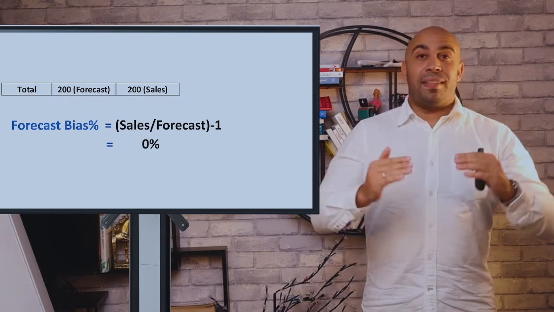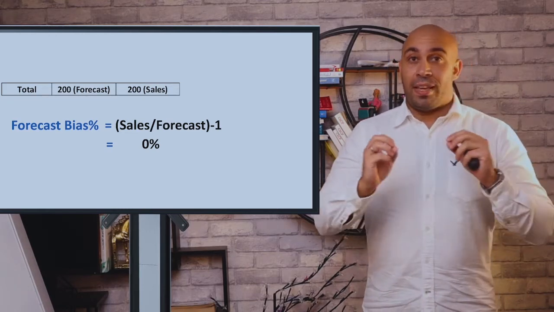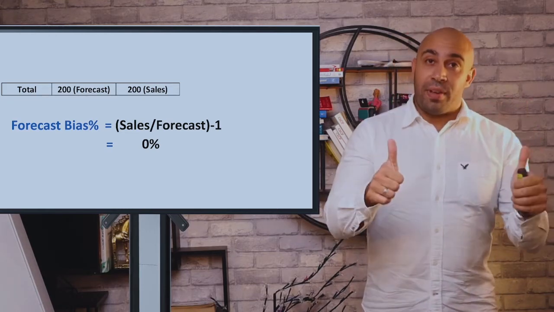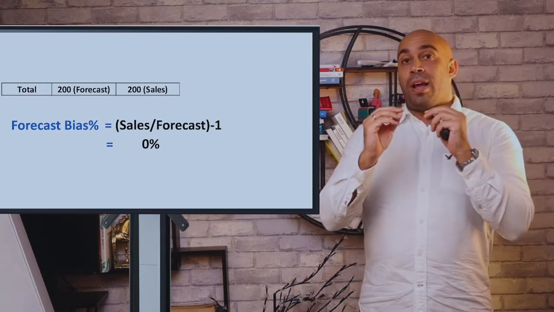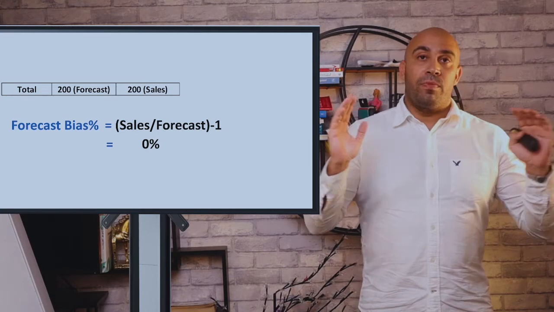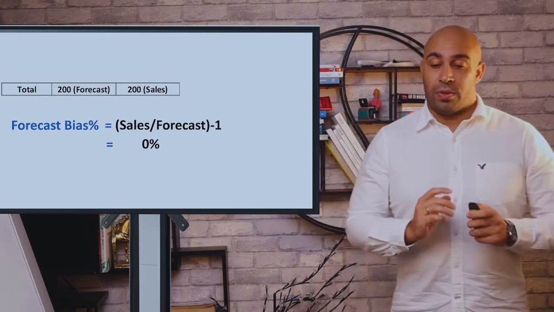So my sales equals my forecast, and my forecast bias equals 0%. I'm very good in that manner, right? Because I sold whatever I forecasted, there are no issues for my inventory or my service level if I don't have any constraints.